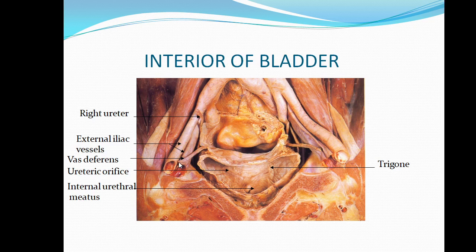In this dissection, you can see the interior of the urinary bladder. You can see the folded mucosa of the empty bladder. Here posteriorly there is a triangular area where the mucosa is firmly attached.